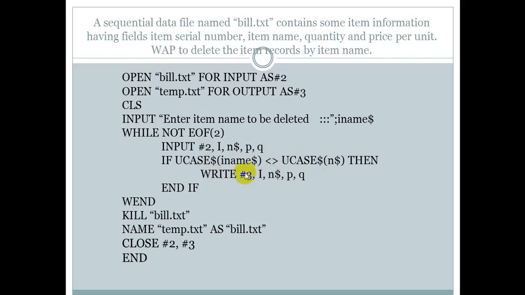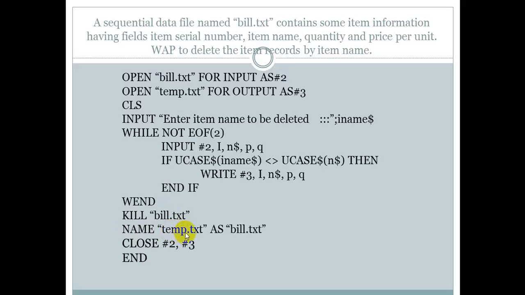That means you don't write the content of bill.txt in temp.txt. If laptop is not equals to laptop, this means the condition is false, so we will not write here. It means the laptop content will be deleted. Then END IF, and the KILL statement is used to delete a file. Bill.txt file will be deleted, and the NAME statement is used to rename the file.